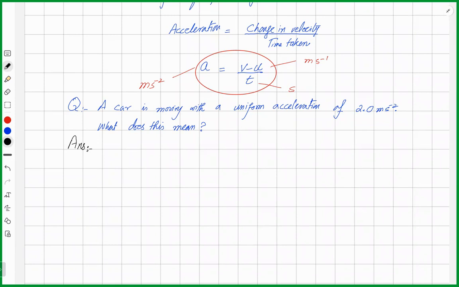It can be 0 right now, which will be exactly 2 meters per second after 1 second, and to become 4 meters per second after another second. And it can also be 10 meters per second right now, which will become 12 and then 14 or 100, 102, 104, 106. So if only acceleration is given, it is not letting you know what is the speed of the object right now. Is it fast, slow, or at rest? It is only telling you how much speed is changing in a unit amount of time.